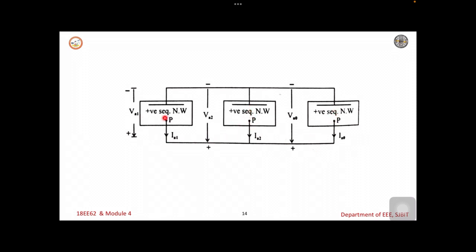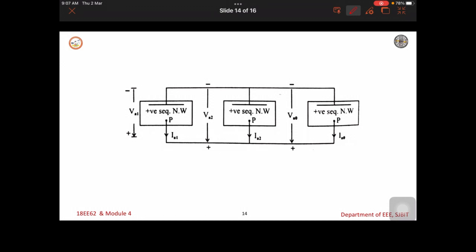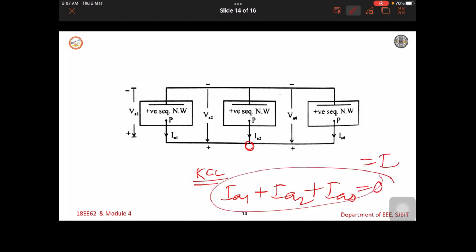Since the voltages are the same, they are connected in parallel, and the currents coming out of the three networks put together, if you write KCL at this node, then IA1 plus IA2 plus IA0 will be equal to IA. So in these lines you can understand.